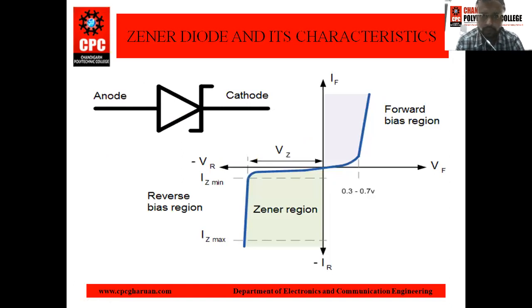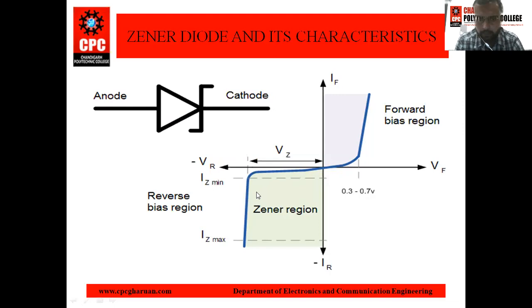After that, Zener diode and its characteristic. This is the symbol of the Zener diode. As we know, the Zener diode is a heavily doped diode, and it can work in both forward bias and reverse bias. In forward bias, it works just like your ordinary diode, but in reverse bias, after Zener breakdown, the voltage is constant and the current can rapidly increase.